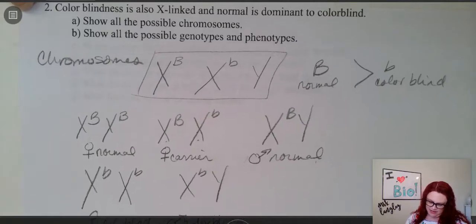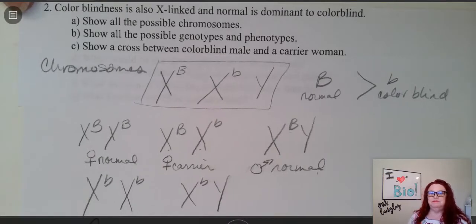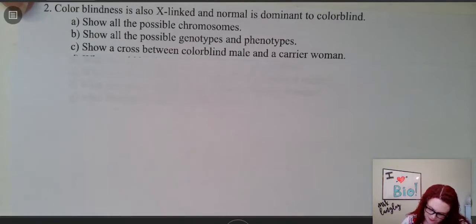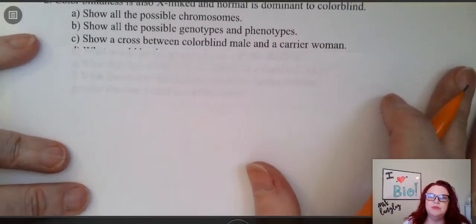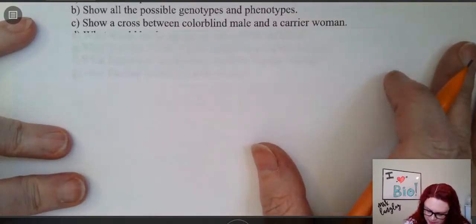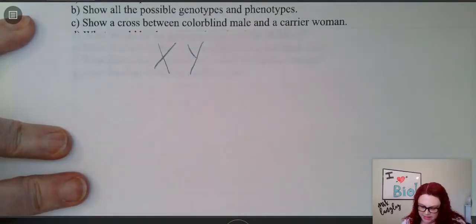Did that. Show a cross between a colorblind male and a carrier woman. All right. So a colorblind male. That means XY. But colorblind means it has to have one of the recessive traits.